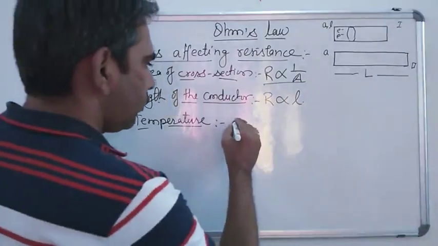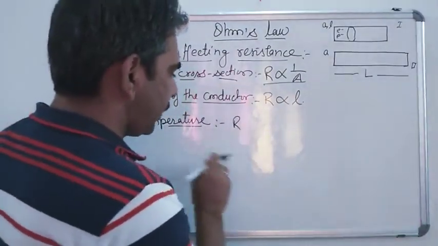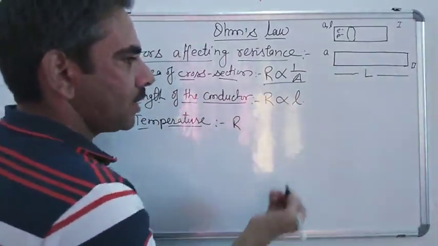For example, initially we have some resistance R naught at 0 kelvin.